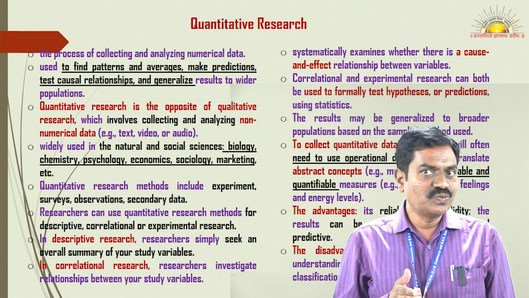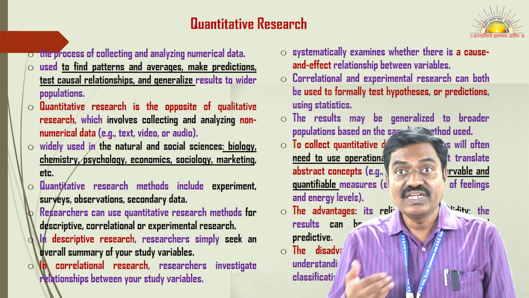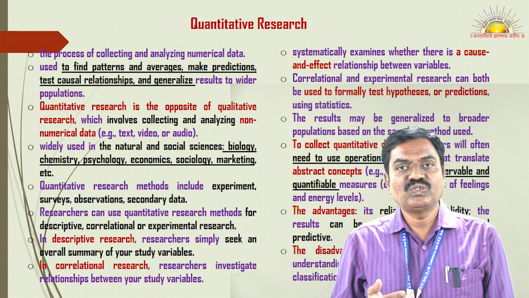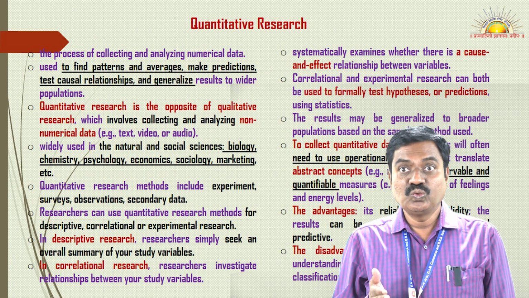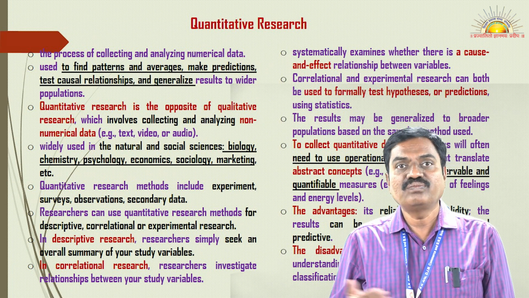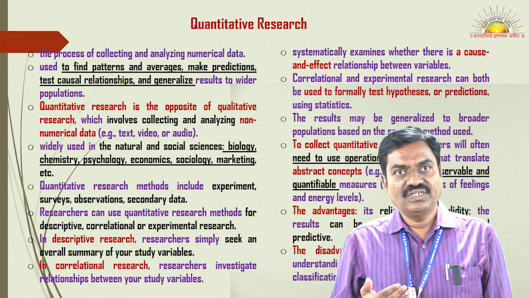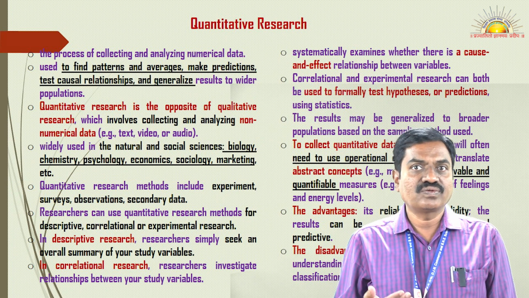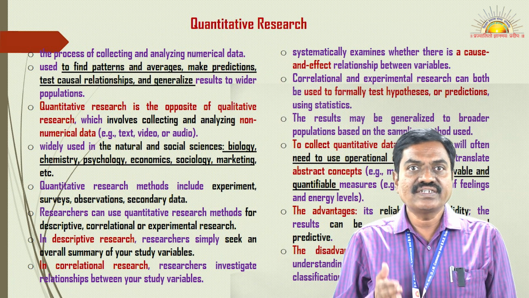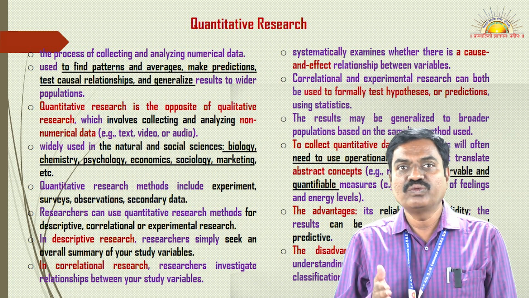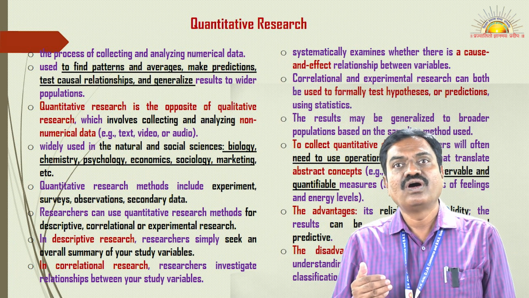It can be used to find patterns and averages, make predictions, test causal relationships, and generalize results to wider populations. Quantitative research is the opposite of qualitative research, which involves collecting and analyzing non-numerical data, for example, text, video, or audio.